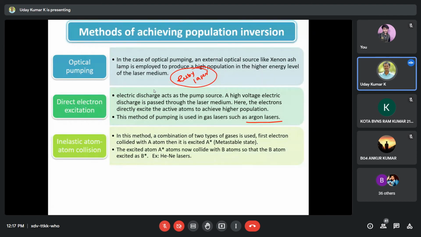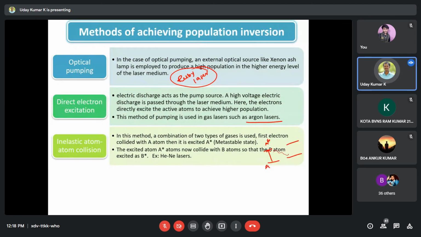I repeat once again. Imagine you have two atoms. Let's say A here. You excite A to A star. When this A star is in the higher energy level, it's supposed to come back. When it comes down, it releases energy.